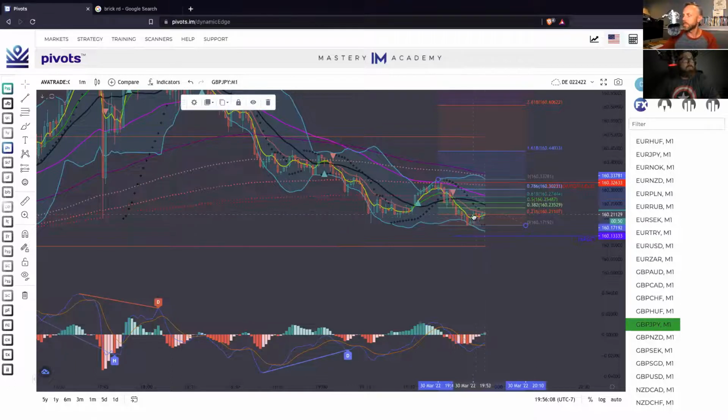Just for some of you that don't know Fibonacci, when price comes up between these levels, you can see 50%. This is a 50% line, and the 618 zone. If price were to come into here, we see it reject, and we see divergence, we'd be like, okay, we can get in.